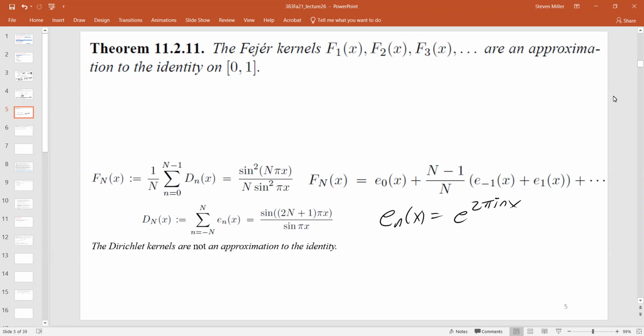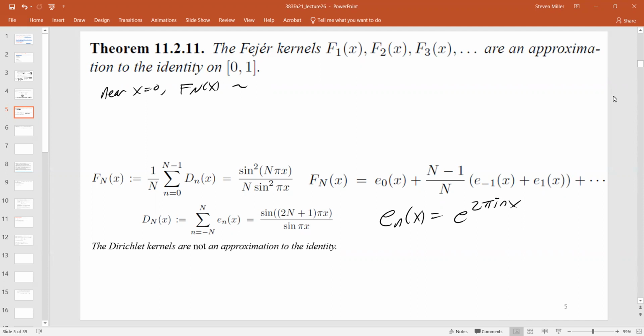So how would we do that? Well, if you look at what's going on, we have an n in the denominator. So as long as the sine squared of pi x is not too small, the n in the denominator is going to be huge, and it's going to make this very, very small. So near x equals 0, F_n(x) looks like, what does sine squared of n pi x look like when x is small? How would you approximate sine of u if u is small?